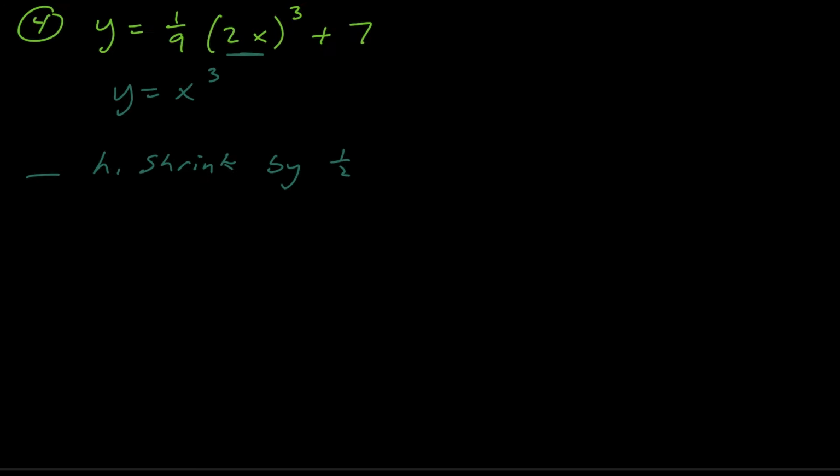Now the next step here would be the 1/9. So the 1/9 is going to be a vertical shrink by a factor of 1/9. That's going to squeeze it towards the x-axis because all the y values are 1/9 as much. And the last step here is this +7, which is going to be a shift or translation up 7.